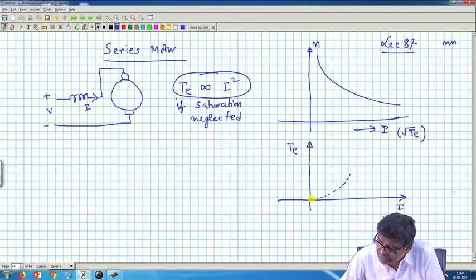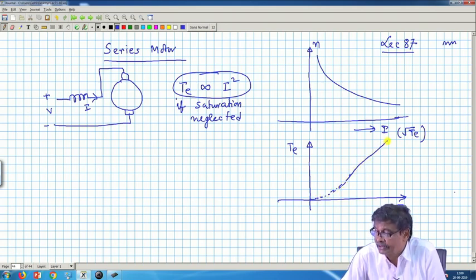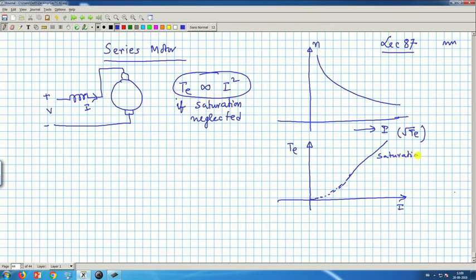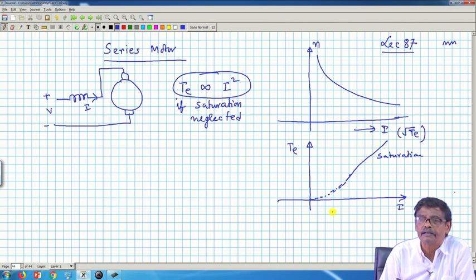So at large values of I A, it will be almost like a straight line after saturation takes place. If you say no saturation, it will go on increasing parabolically. So, that is the torque versus I characteristic.